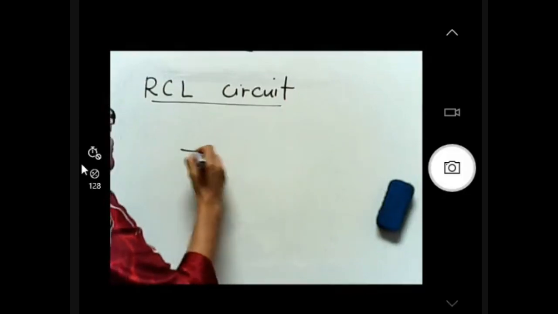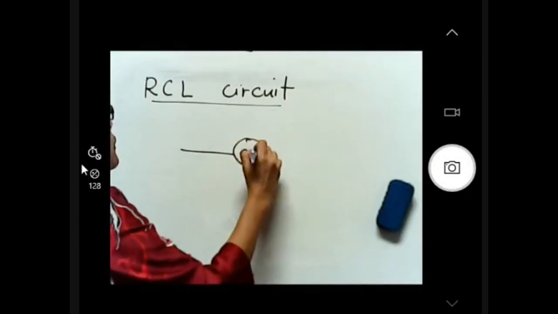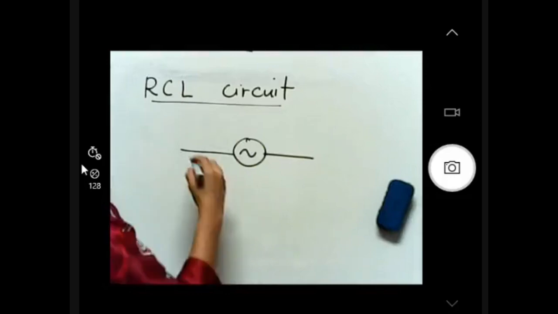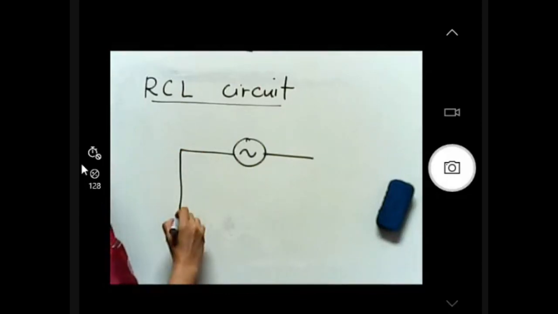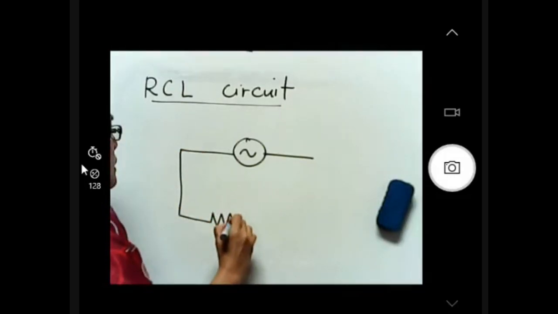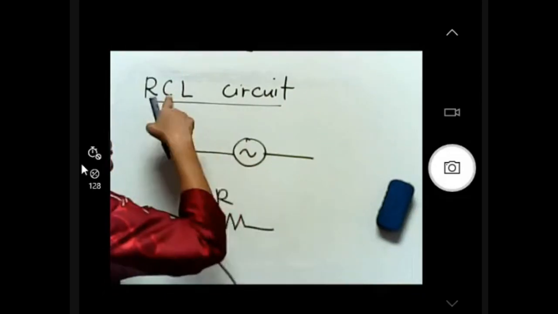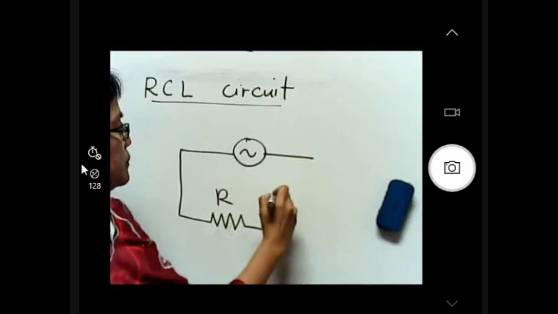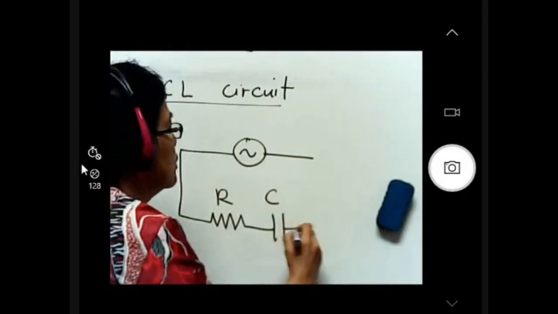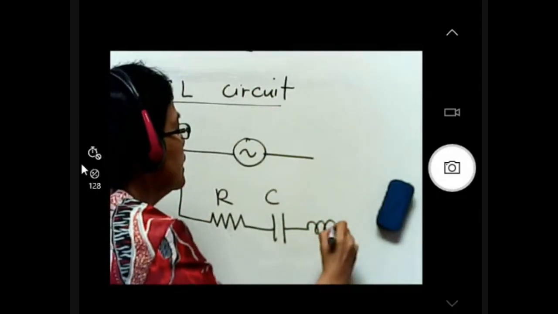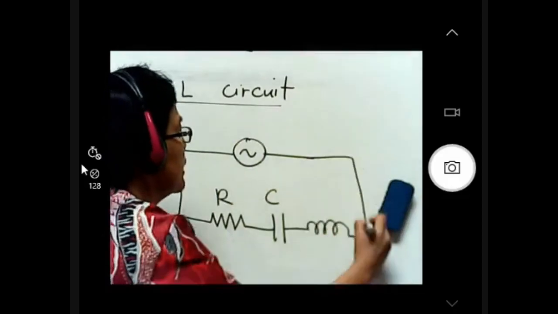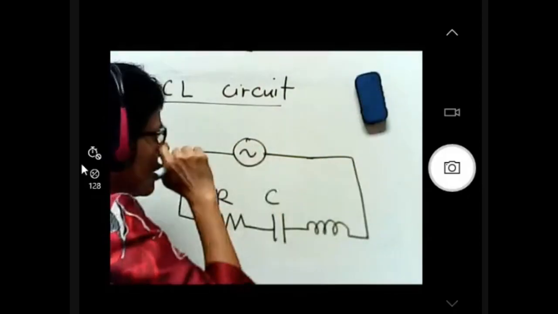Are you ready? So we will have the alternating current source, connected to a resistor, and then connected to a capacitor, and connected to an inductor. Looks scary, right? Don't worry, not so scary.